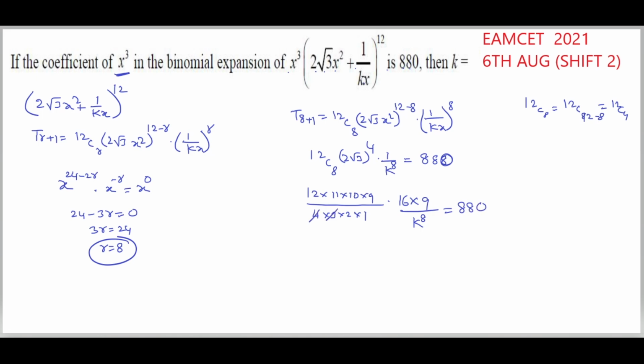So 4 into 3 is 12, 12 cancel, this 2 here 5 times cancelled, that is equal to 5 into 11, this is 55, into 9 into 9, 81, into 16 by k^8 is equal to 880.